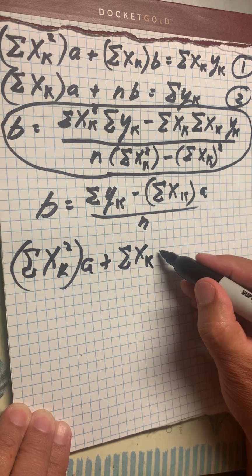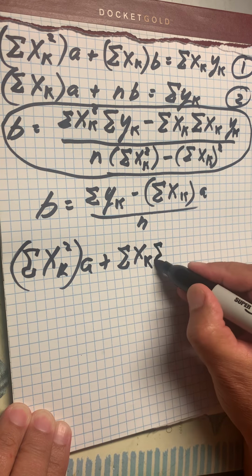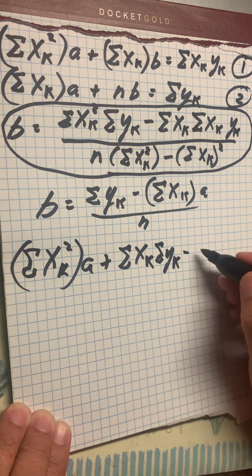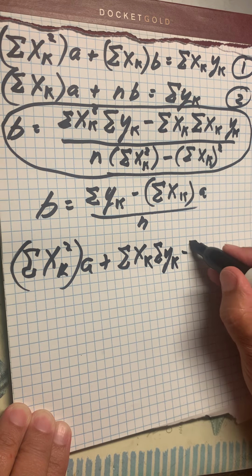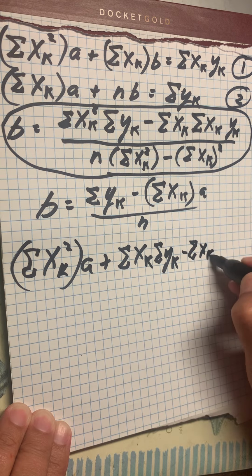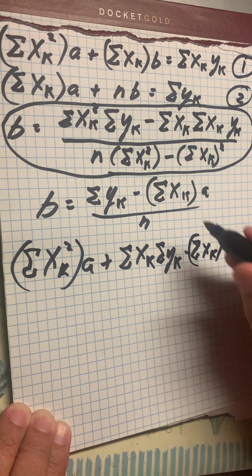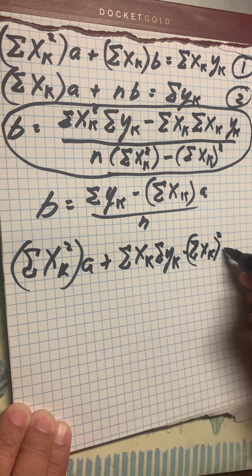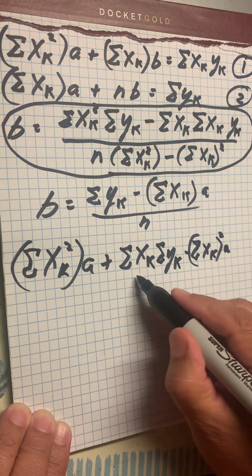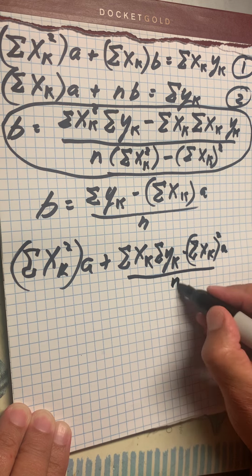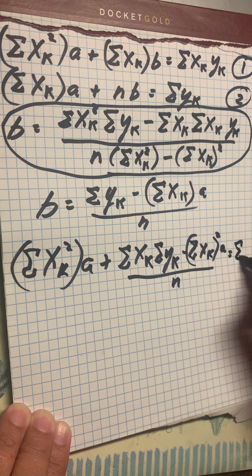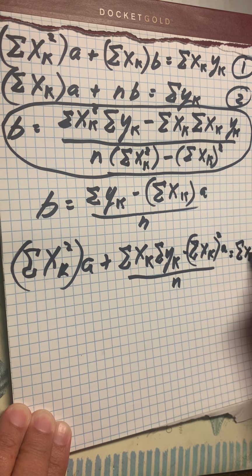So that will be summation yk minus summation of xk quantity squared, a over n equals summation xk yk.